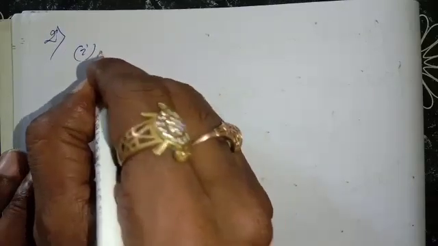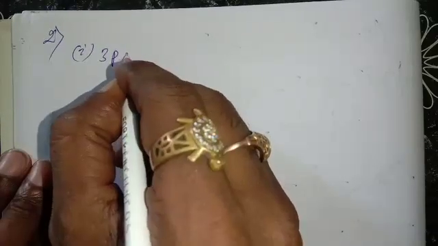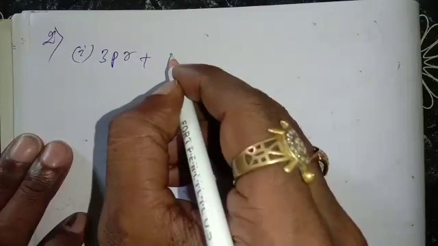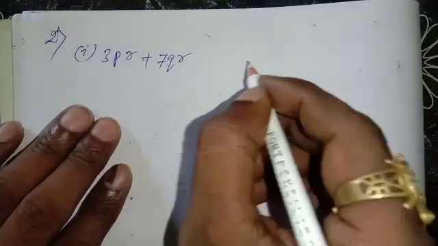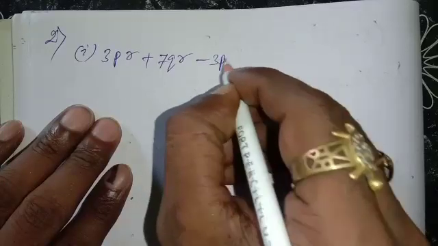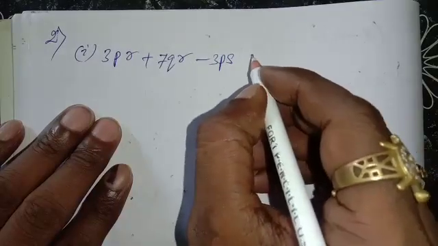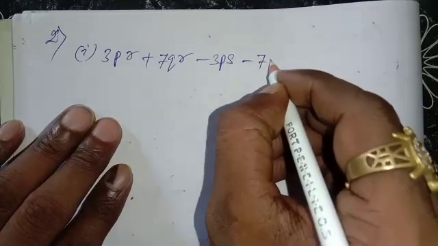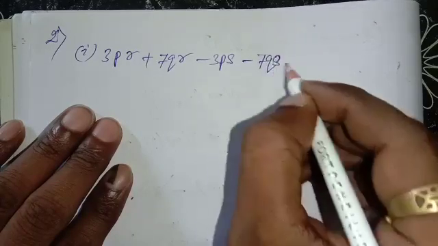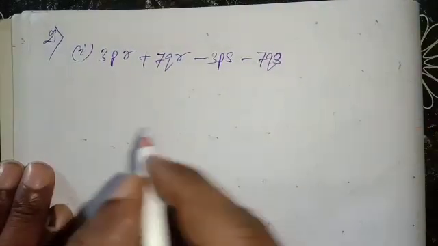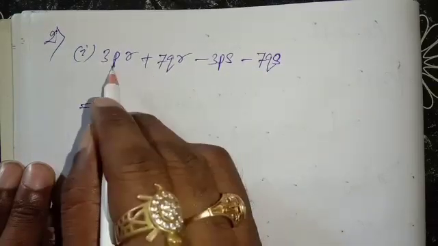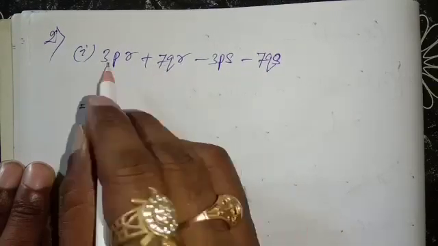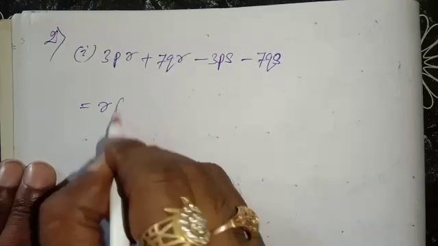Number 2, first part. Question given 3pr plus 7qr minus 3ps minus 7qs. Here 3pr plus 7qr: from the first 2 you can take r common.